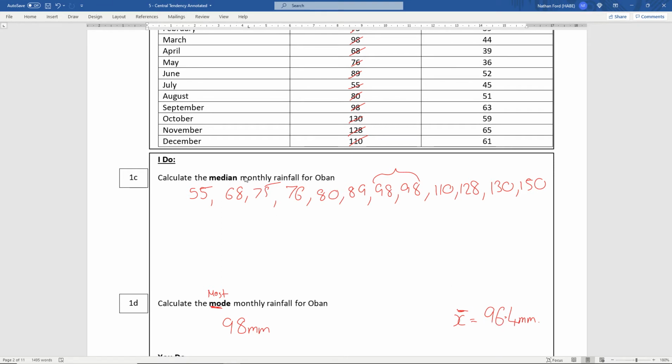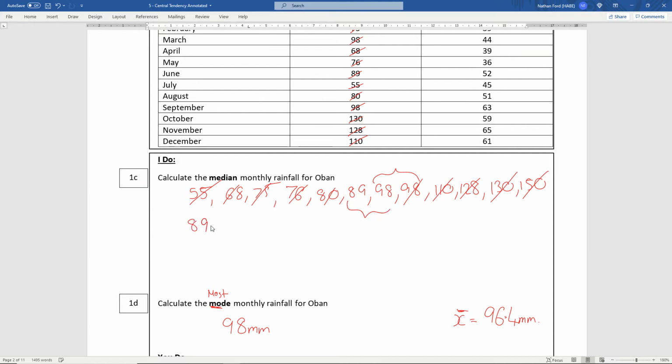Now median. There are two ways to do median. You could cross out from each side until you get to the middle. Because this is an even number, we want the middle of these two. So the best way to do it is we add them up and divide by 2.